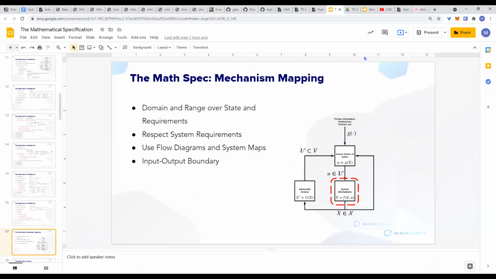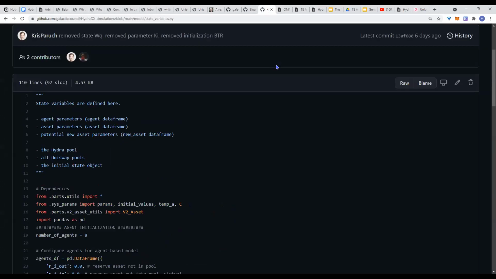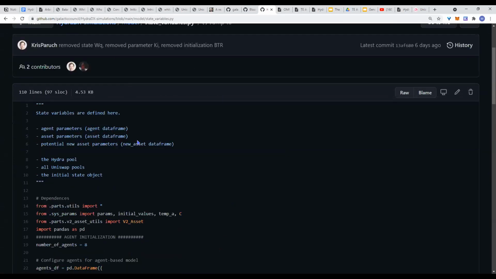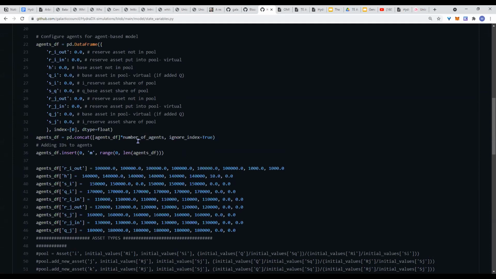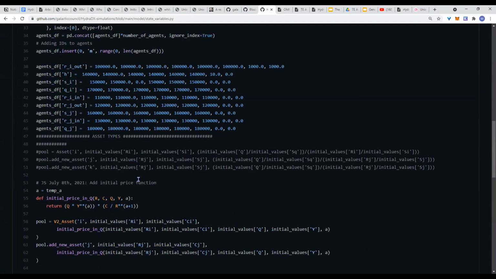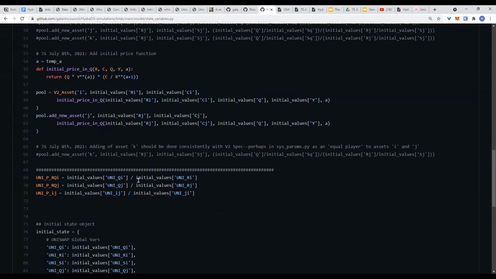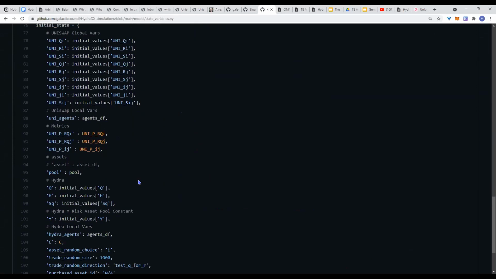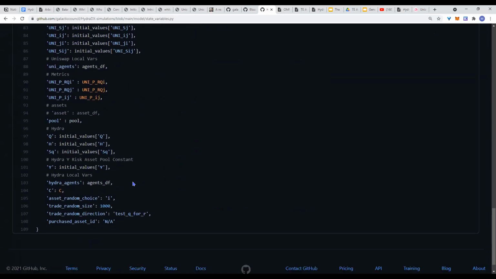I'm just going to pause for a sec. I know John Sheed was starting to go under the hood a little bit, but roughly these things are mapped to two files in the simulation: the state variables and the params.